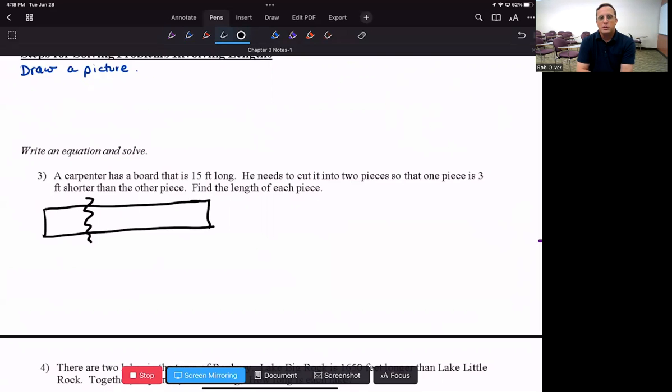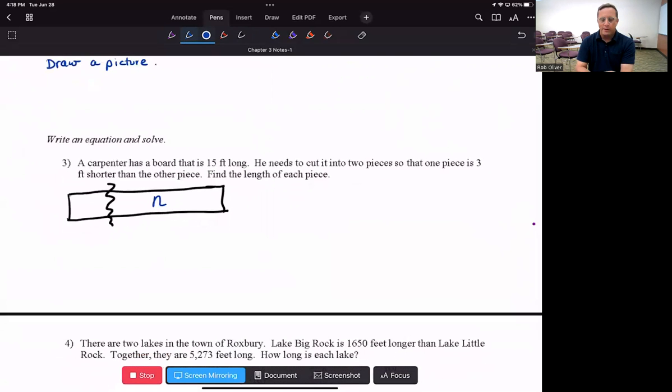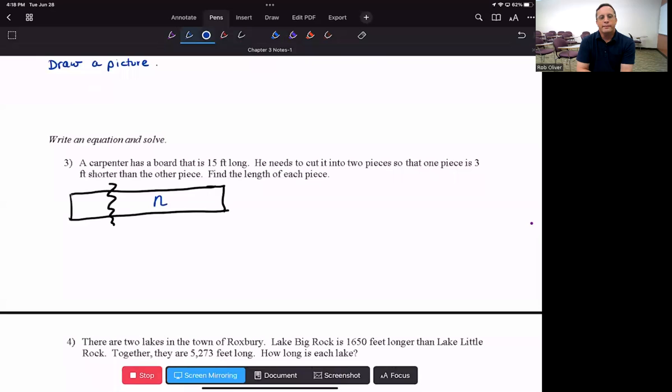And I know that one piece is 3 feet shorter than the other piece. So what I'm going to do on this one is make this n, and that's the longer piece. And then we know the shorter piece is 3 feet shorter, so whatever n is, that's going to be n minus 3.